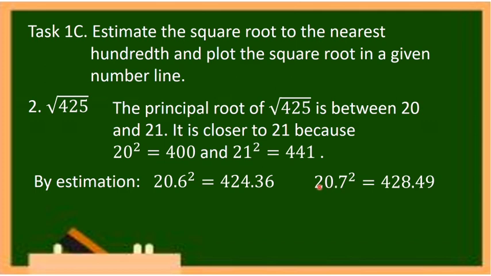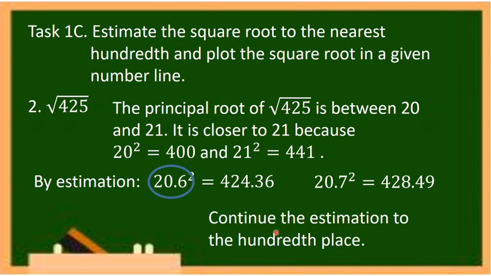So these will be the two consecutive decimal numbers that we're going to consider, because 425 is between 424.36 and 428.49. Now let us choose which of these two is closer to 425. So we choose 20.6 because 424.36 is closer to 425. Okay? So continuing the estimation to the hundredth place.